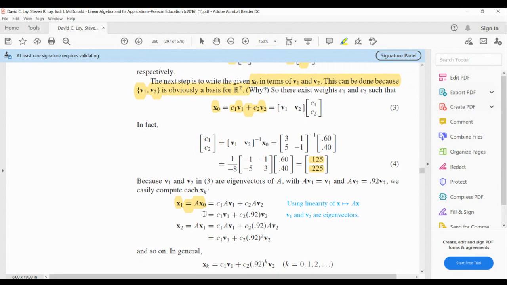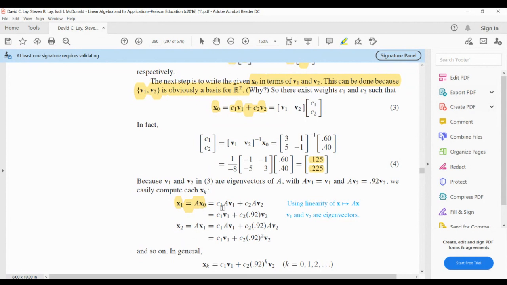You know that from the last class when we talked about section 4.9. If we want the population distribution after 1 year in the city and the suburbs, we just take the initial distribution x naught and pre-multiply it by the migration matrix A.